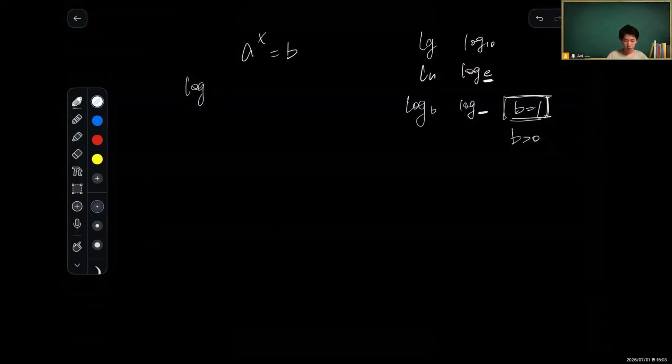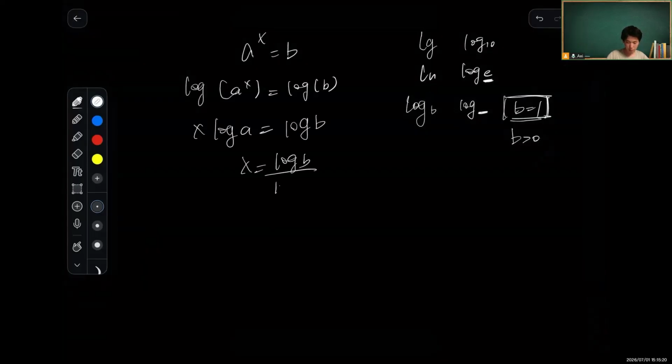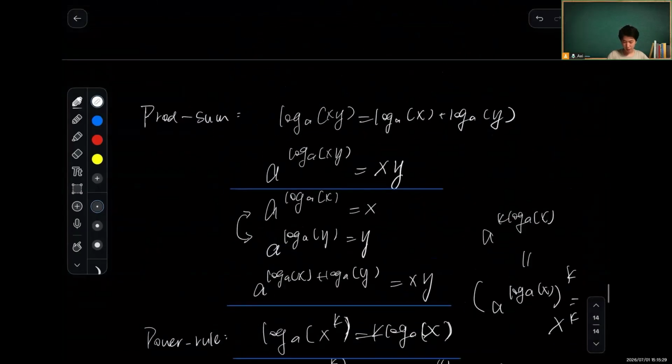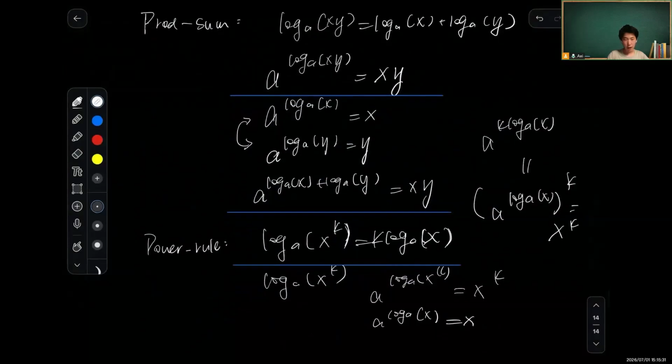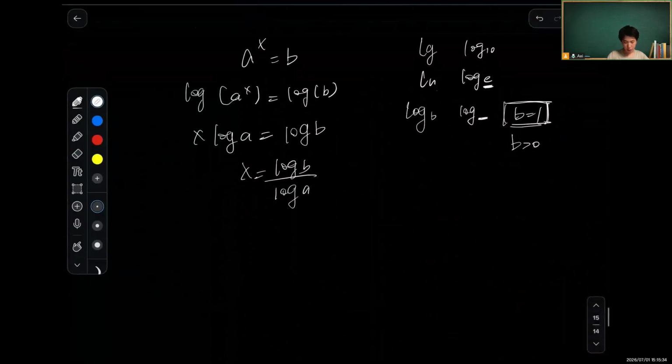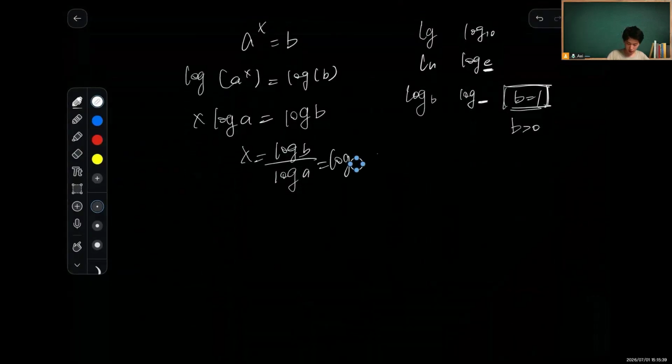So imagine applying log to each side. This turns into x times log a is equal to log b. Then x is equal to log b divided by log a. And you might have discovered that we somehow obtained a new expression, because previously we defined x to be log a of b. That means log b over log a is simply log a of b.